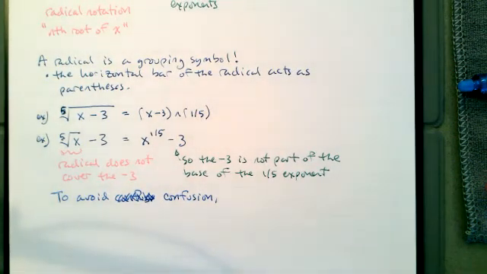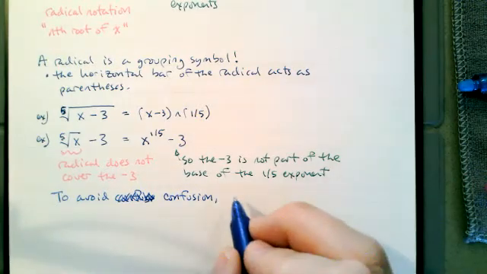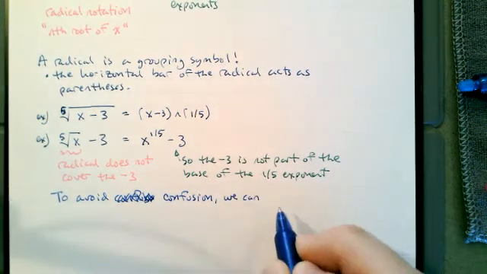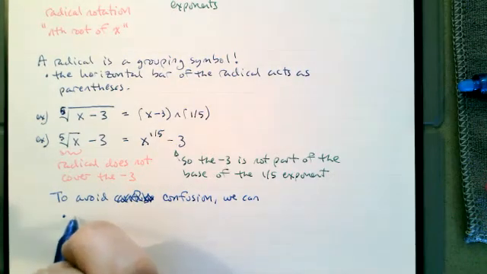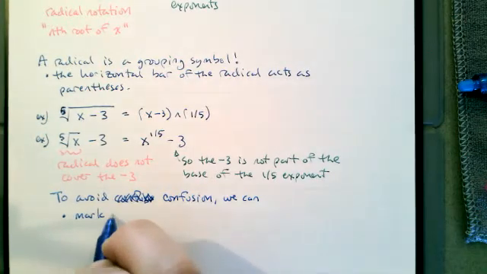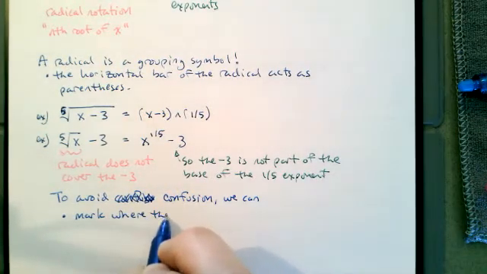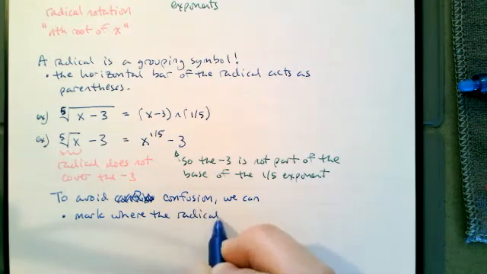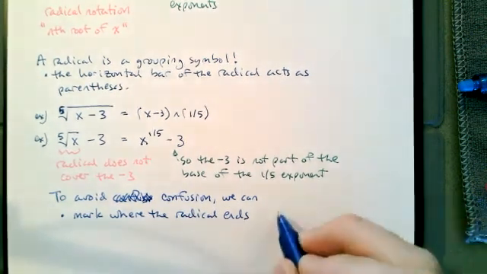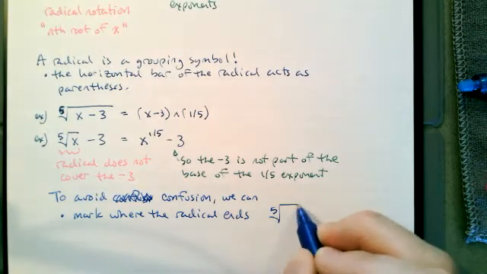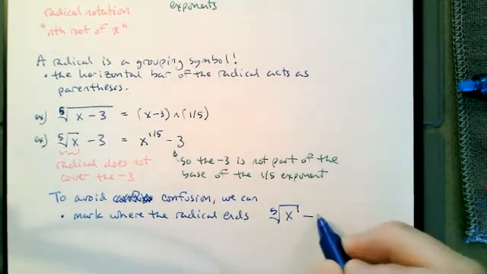To avoid confusion, we have a few strategies. We can mark where the radical ends. That's a good way to phrase it. We could write the radical by saying the fifth root of x, minus 3.